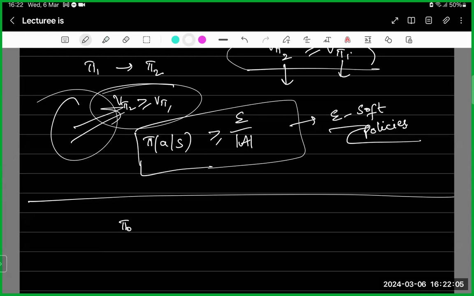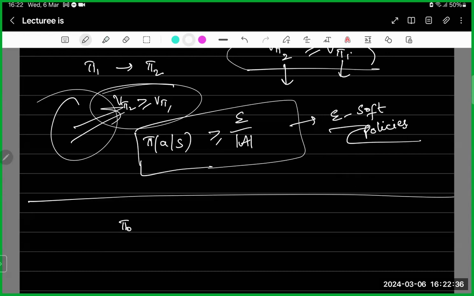For example, a uniformly random policy is epsilon soft, right? What is a uniformly random policy? Every action is taken with probability 1 by k. So that is an epsilon soft policy with epsilon 1, because every action has at least this much probability.